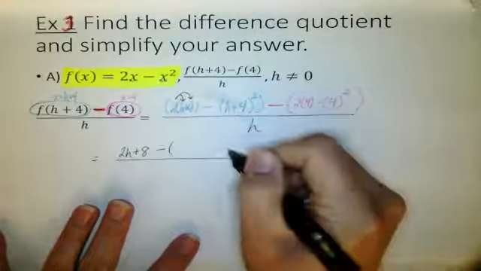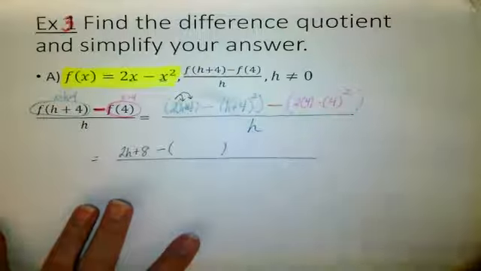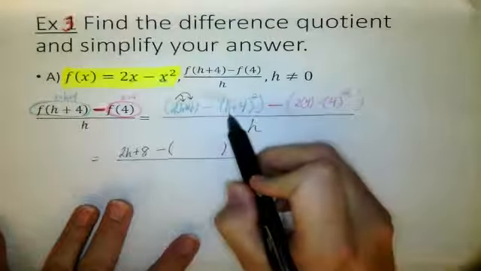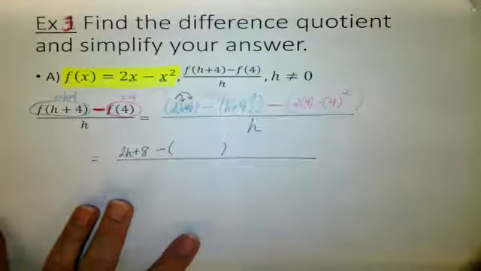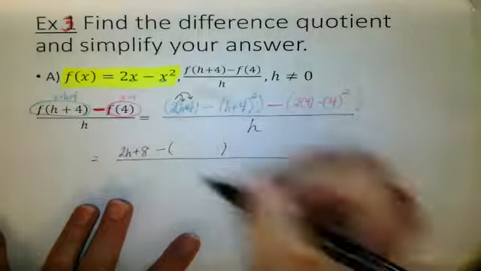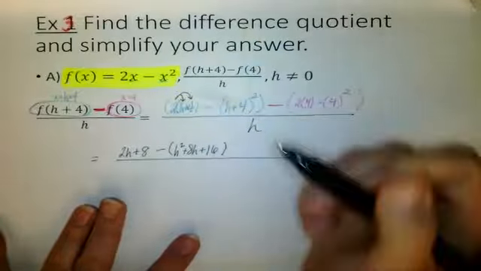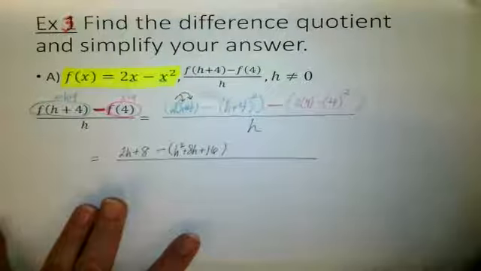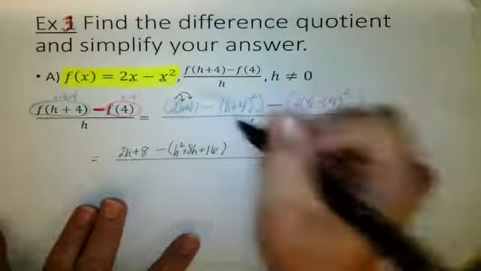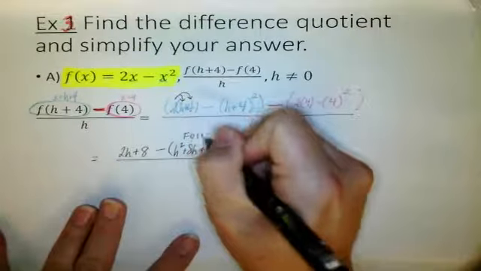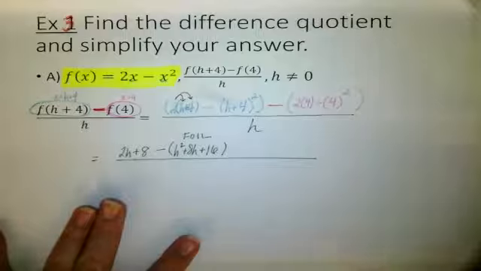So I have to subtract the entire thing. Be careful. What is h plus 4 quantity squared? H squared plus 8h plus 16. I'm glad I didn't hear h squared plus 16. Most common mistake in pre-calc. Make sure that you FOIL that out to get there.